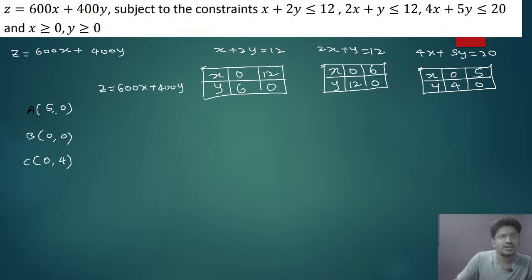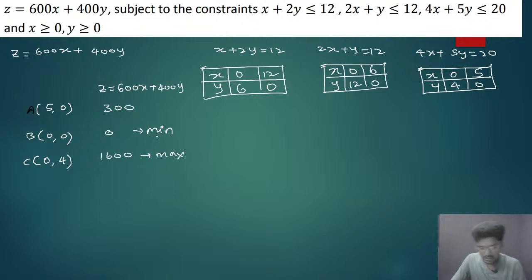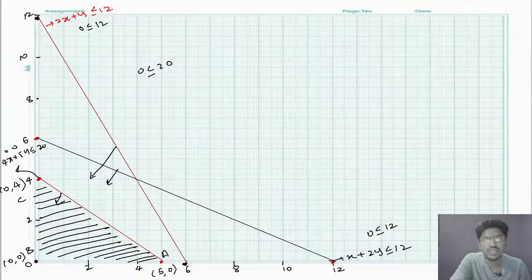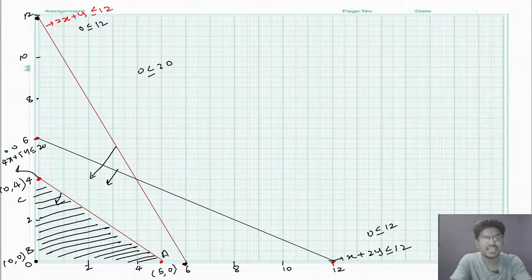So simplify. This will be 300. This is 0. And this will be 1600. So here you can tell me that this is maximum and this is minimum. You need not solve any equation because all corner points are on the axis itself. So you can directly write it, no problem.